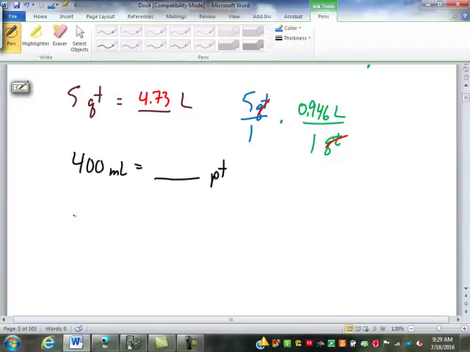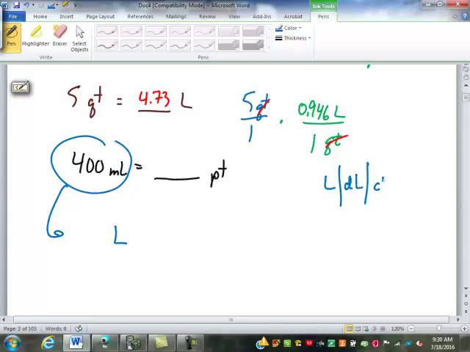So the first thing we have to do is turn milliliters into liters. Well, to get from 400 milliliters to liters, we go back to looking at that chart. Liters are in the center, then it is deciliters, centiliters, and milliliters. So to go from milliliters to liters, it's 1, 2, 3 spots to the left. So my decimal point has to go 1, 2, 3 spots to the left. This is 0.4 liters.